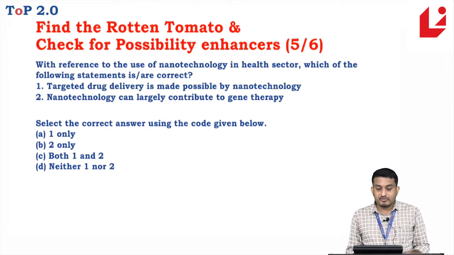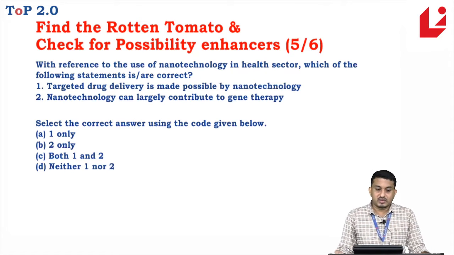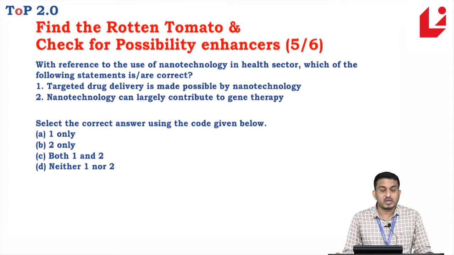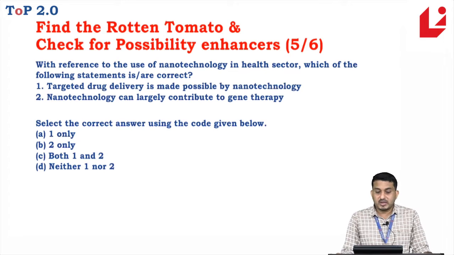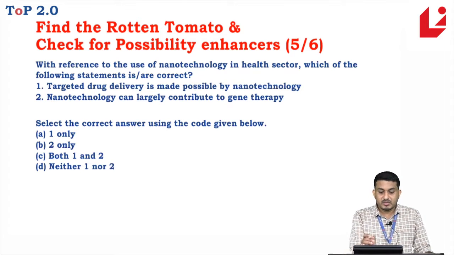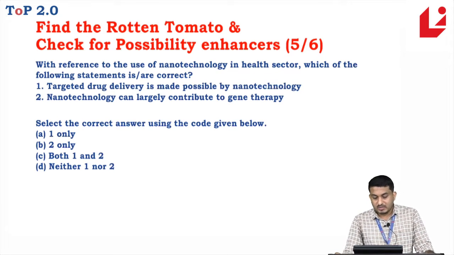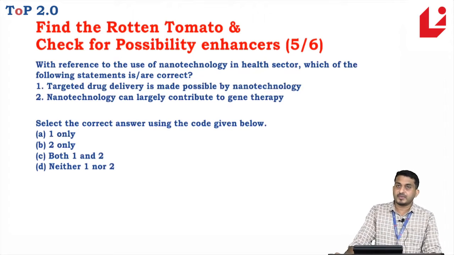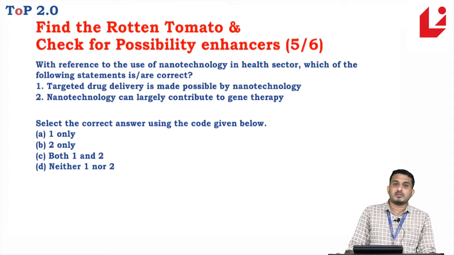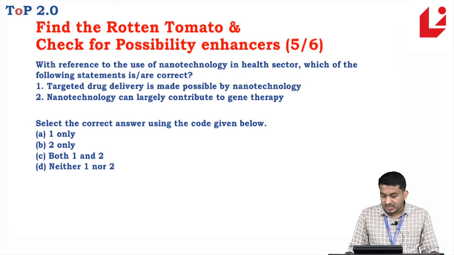With reference to the use of nanotechnology in health sector, which of the following statement is or are correct? Targeted drug delivery is made possible by nanotechnology. Second statement, nanotechnology can largely contribute to gene therapy. Now please note that in a science and technology question, if the question is based on a particular technology, please remember that technological future possibility cannot be ignored.